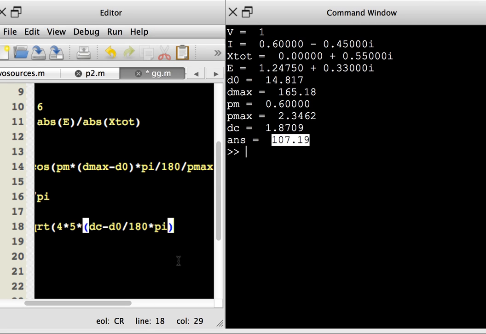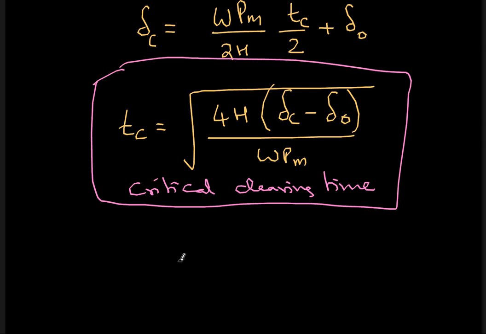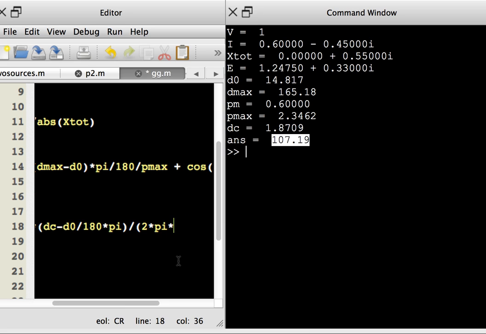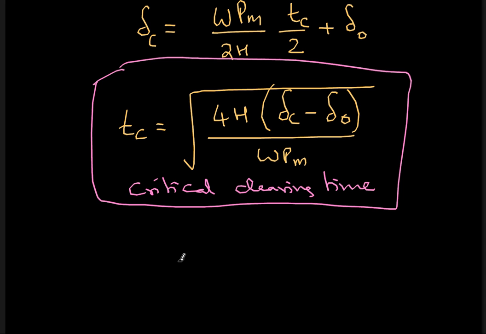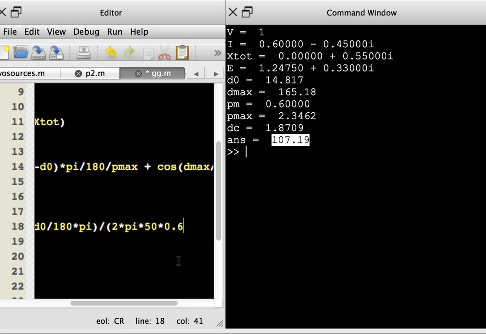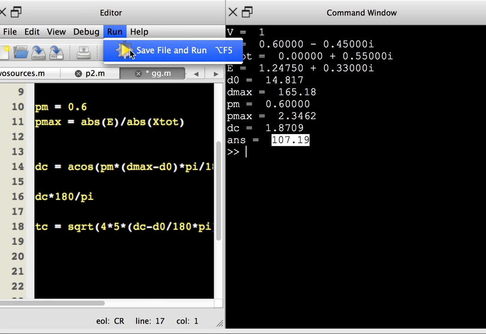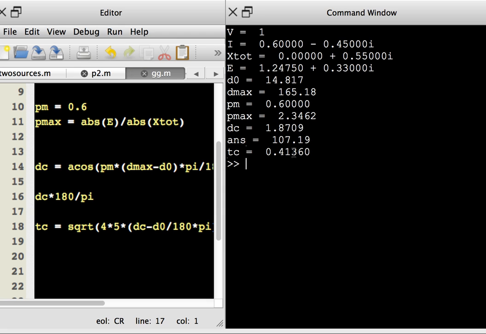Then I divide by omega, that is 2 into pi into frequency, given as 60 hertz or 50 hertz for this problem. Omega is 2 pi f, and then PM is 0.6. Finally this will be my value for critical clearing time TC. Let's run this. I'm getting 0.4136 seconds.